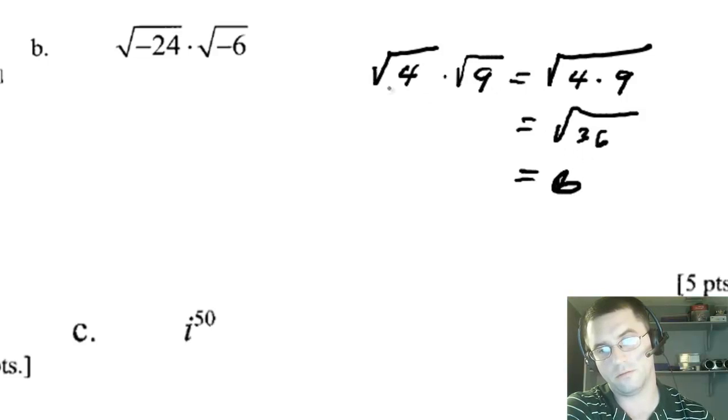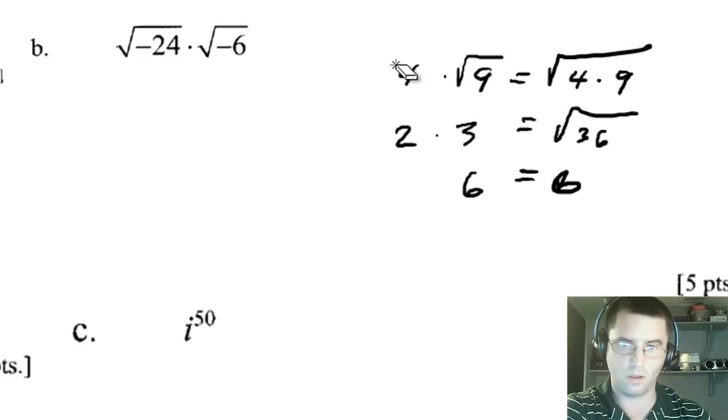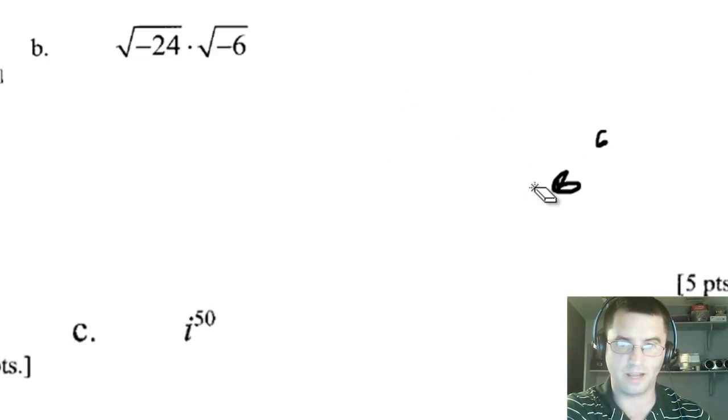Square root of 4 is 2, square root of 9 is 3, and we see that this way works. I can multiply the radicands and take the square root and get the same answer as I would the other way. But when the radicand is negative, we have to be a little more careful.